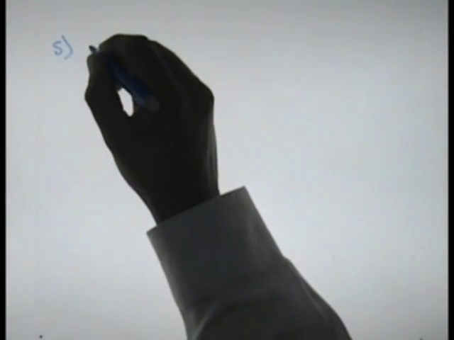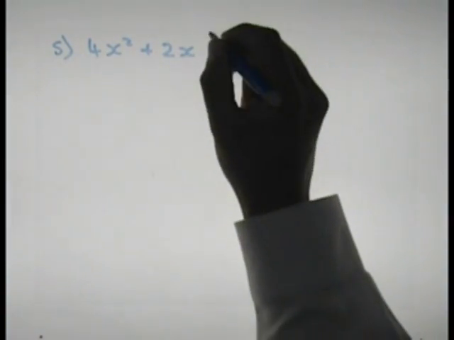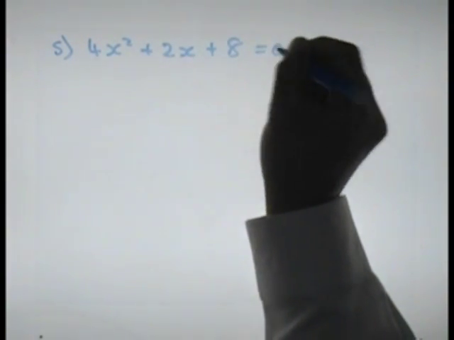Number 5. 4x squared plus 2x plus 8 is equal to 0.